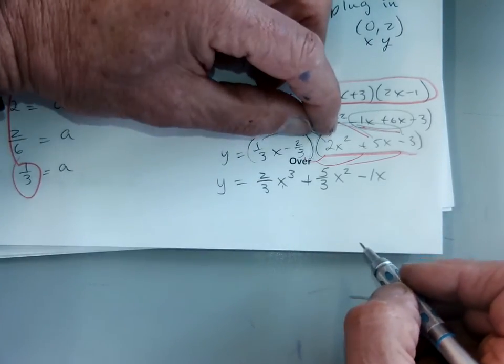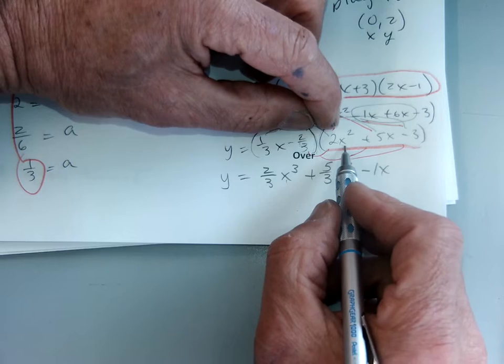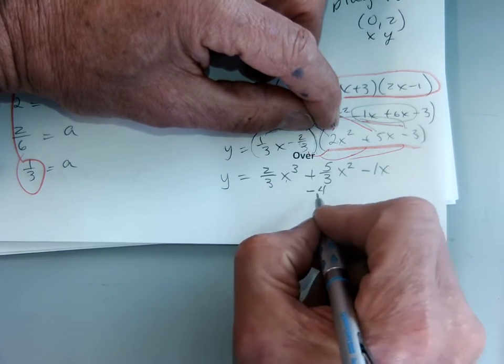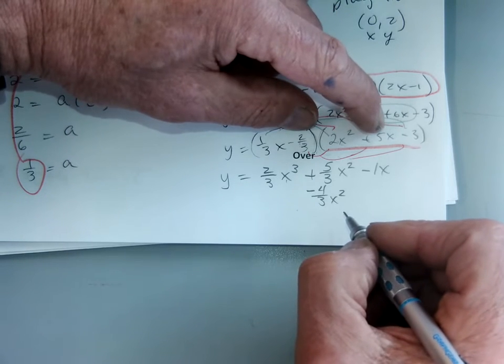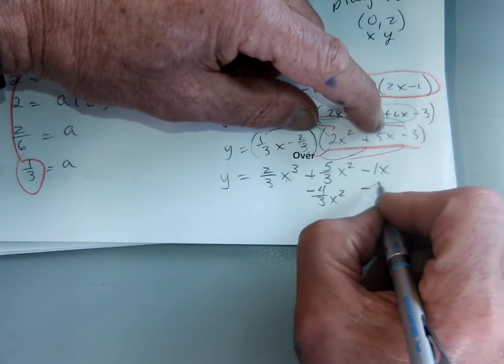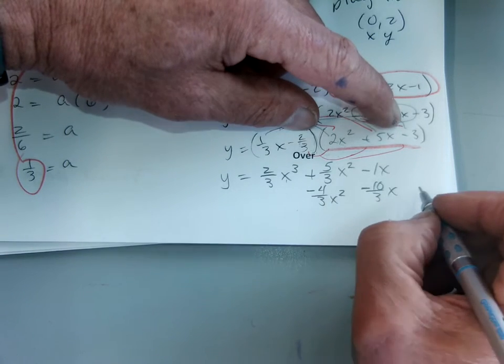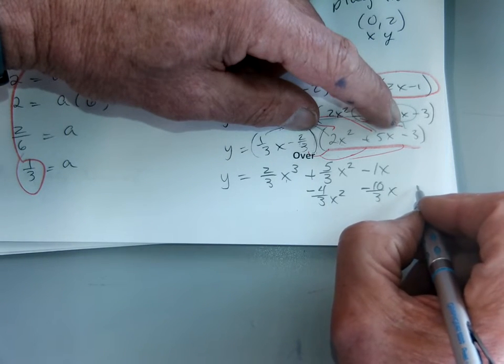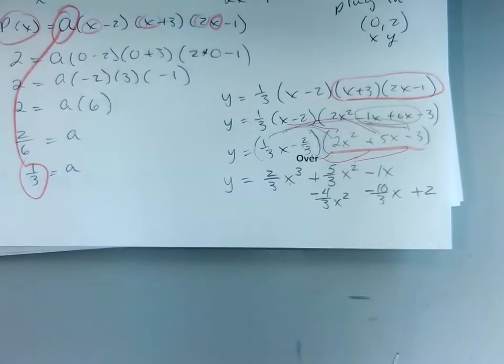Then I'm going to multiply here. I'm going to get a negative 4/3 x squared. I'm going to get a negative 10/3 x plus 6/3, which is 2.